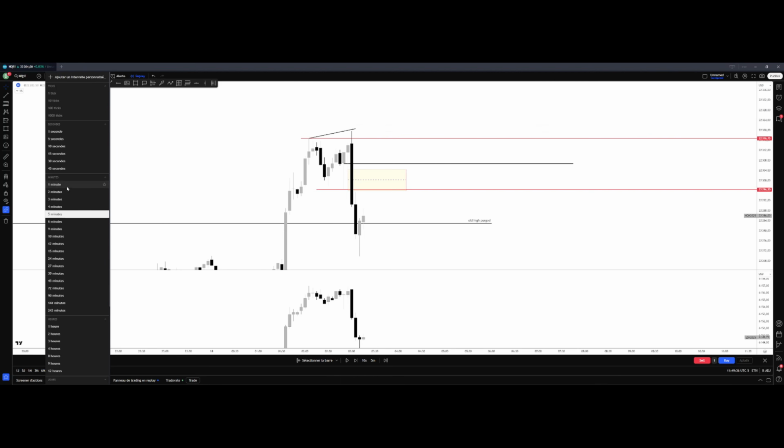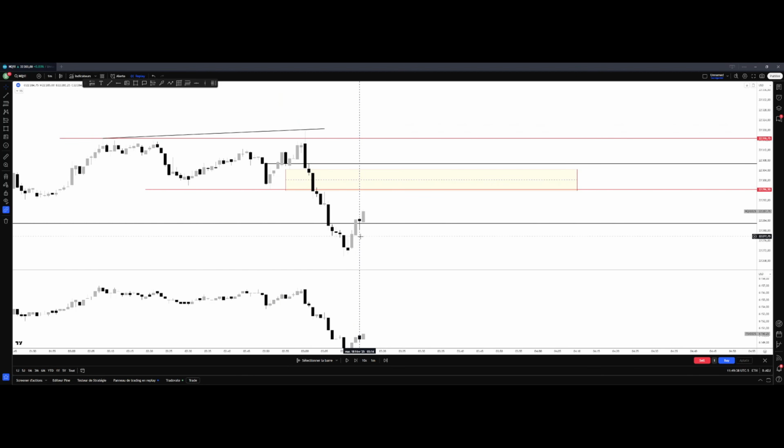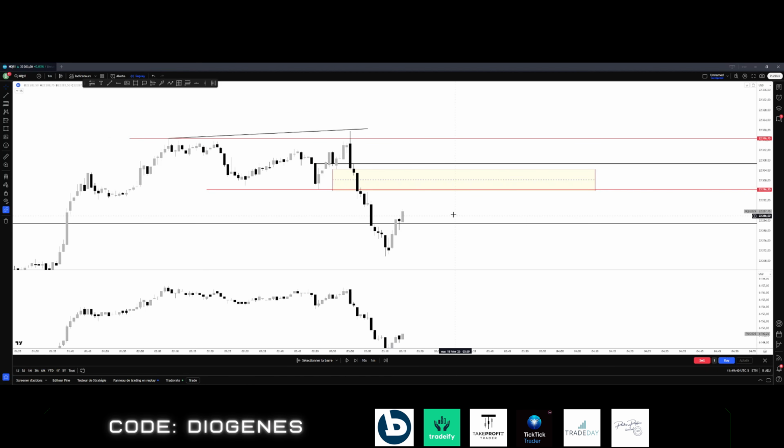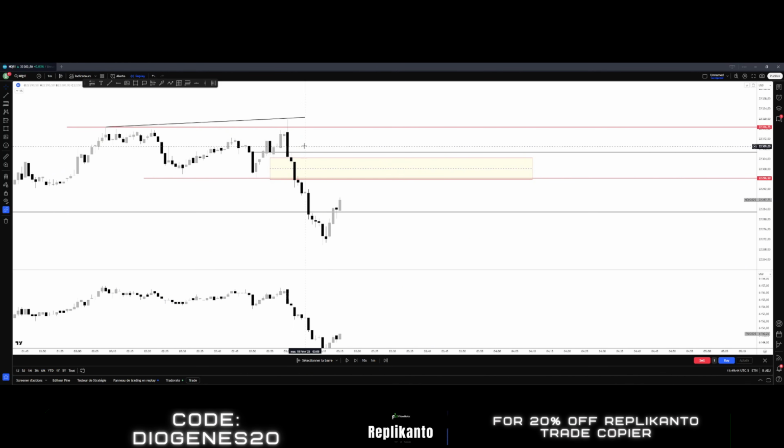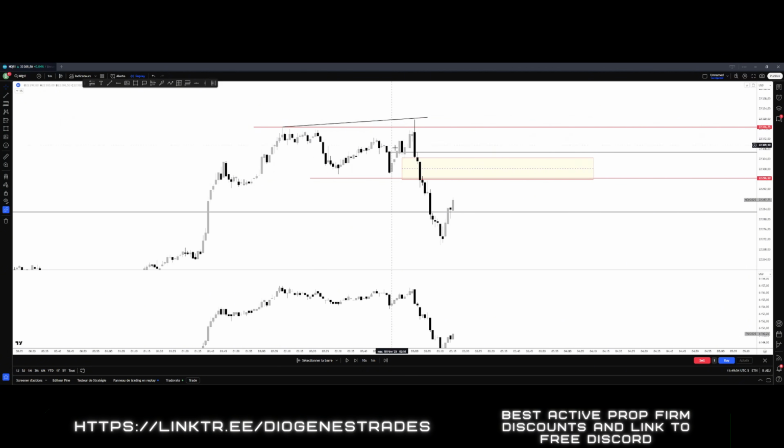So this was just a pullback for me, for price to reach what it didn't reach here, because this was an aggressive sell, right? So they needed to mitigate their positions because they put some money here to take those stops, and they need to mitigate this money out, right?